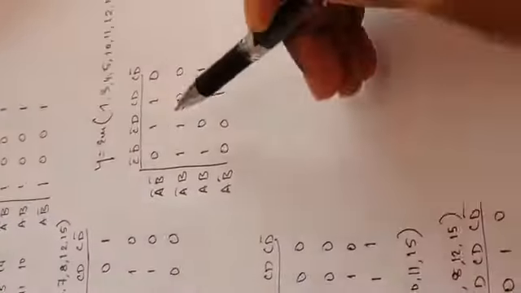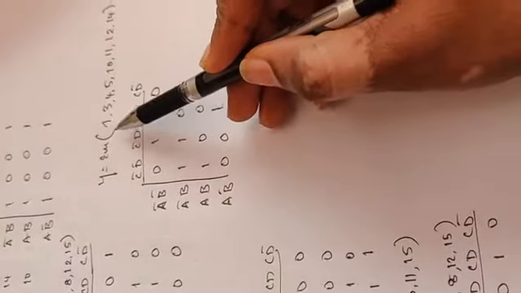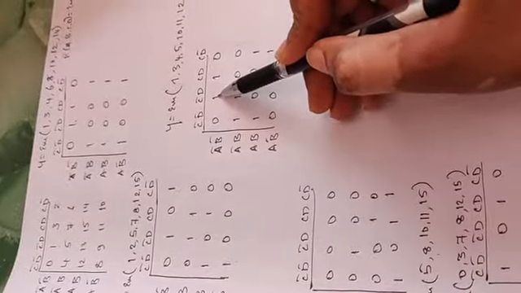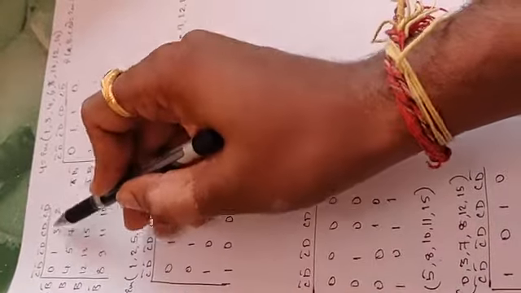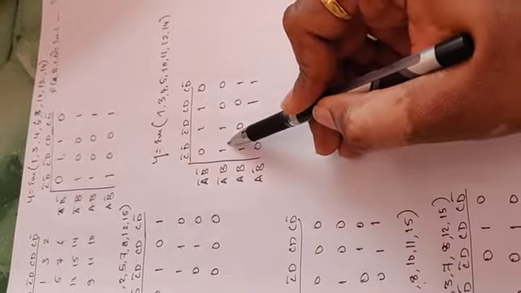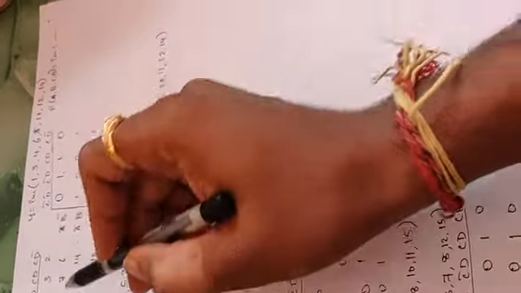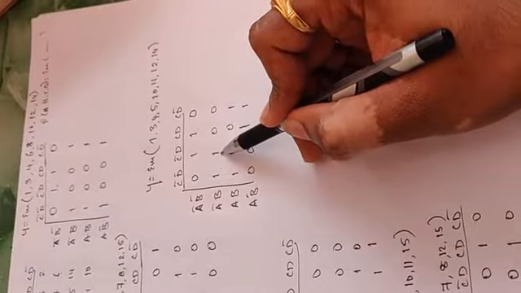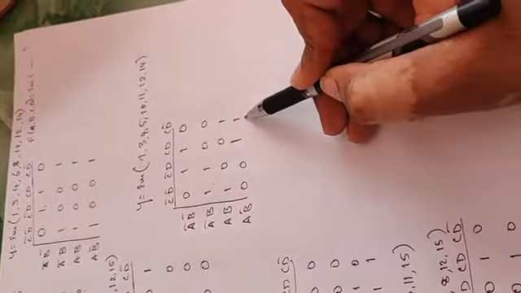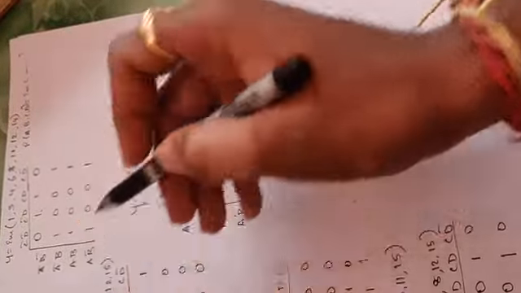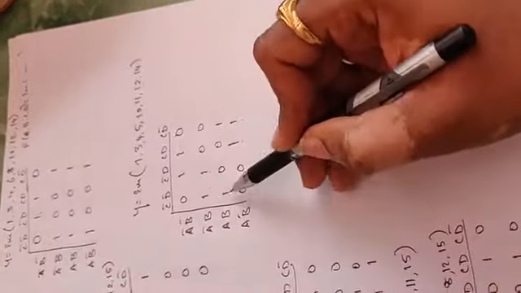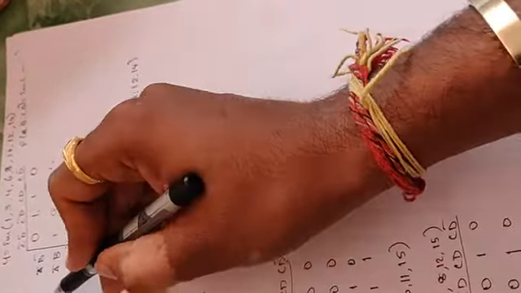Here 1, where is 1? 1 is here, added here. 3 is here, added here. 4 is here, I have put 1 here. 5 is here, so I wrote 1 here. 10 is here, so written here. 11 is here. 12 is here. 14 is here, I have written here.